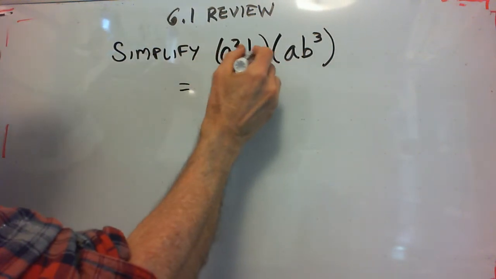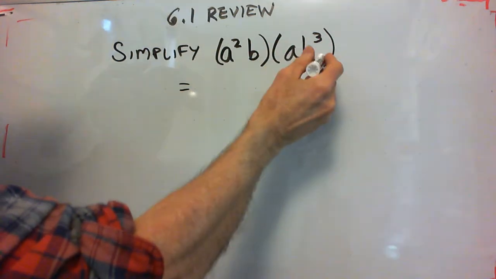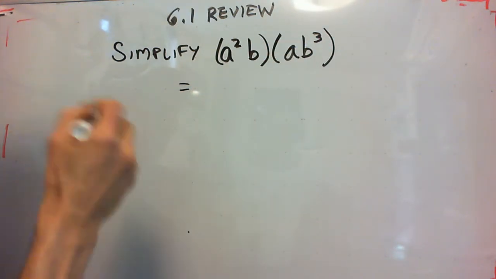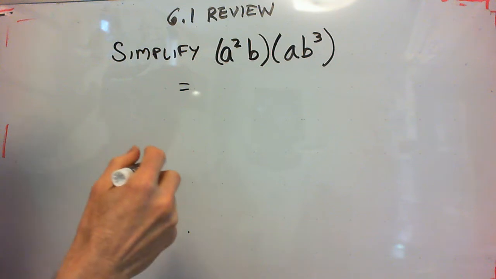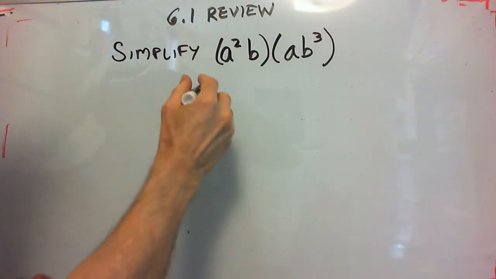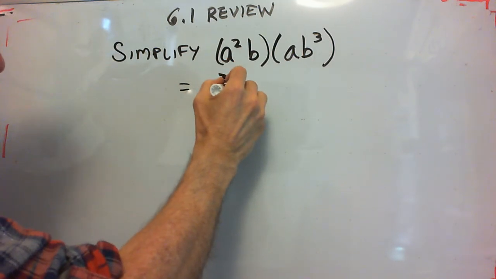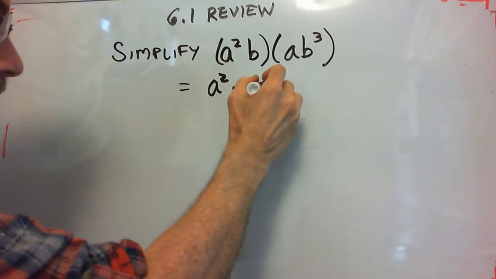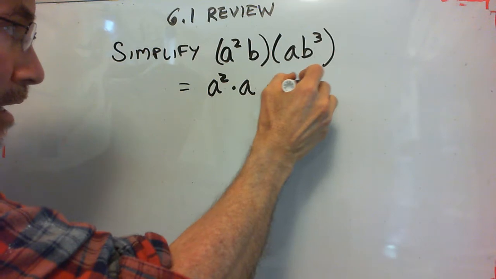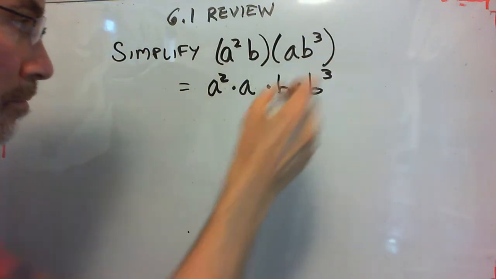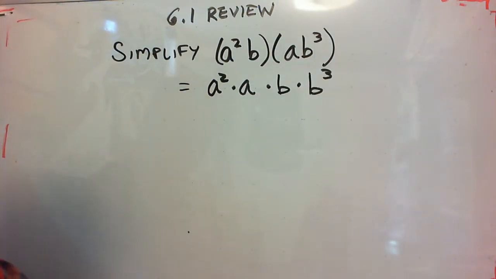This is a squared times b times a times b cubed. Because of the commutative property of multiplication, we can rearrange the multiplication order. So this becomes a squared times a times b times b to the third power.